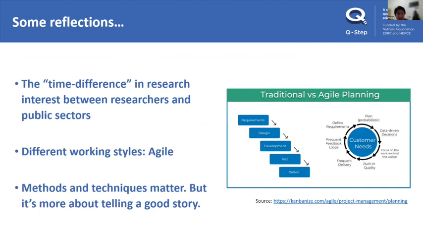The last slide is about some general reflections. The first point is I've noticed there's a time difference in research interest between researchers and public sectors. When I gave my presentation at the DFE, the Department for Education, I got a chance to talk with one of the authors of the integrated community grant paper, the public report I showed in previous slides.